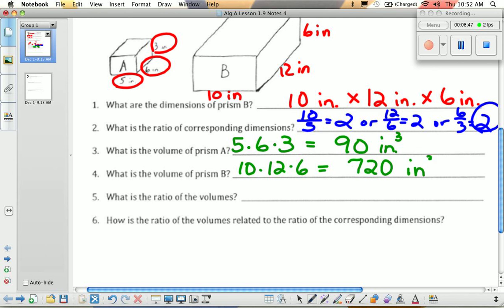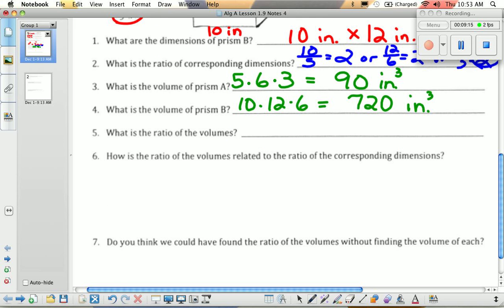Okay, and be really careful, people. Don't put that little cube behind the number and then write the word inches. It's the inches that are cubed, not the number that's cubed. It's cubic inches. And cubic inches mean you made a cubic inch yesterday. That's what your little cube was. You had a cubic inch right there in your hands. So this is 720 of those.